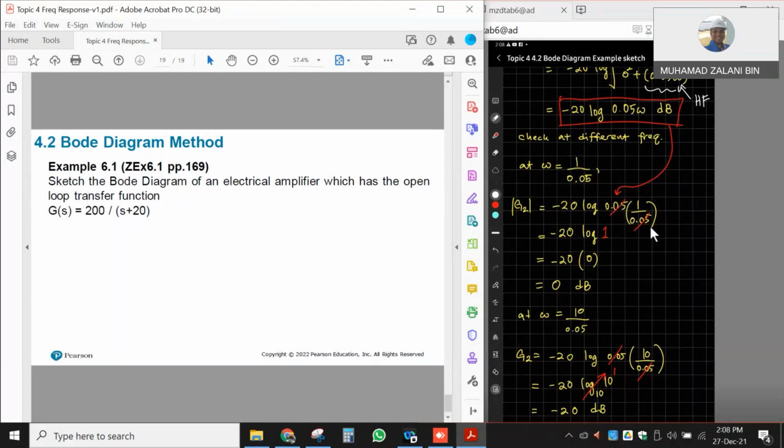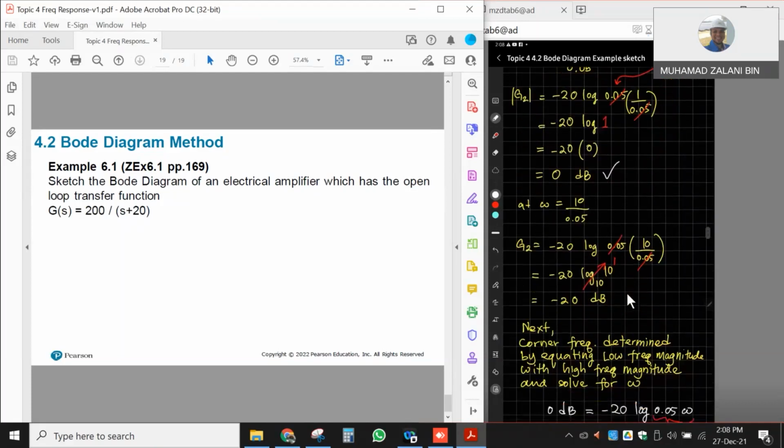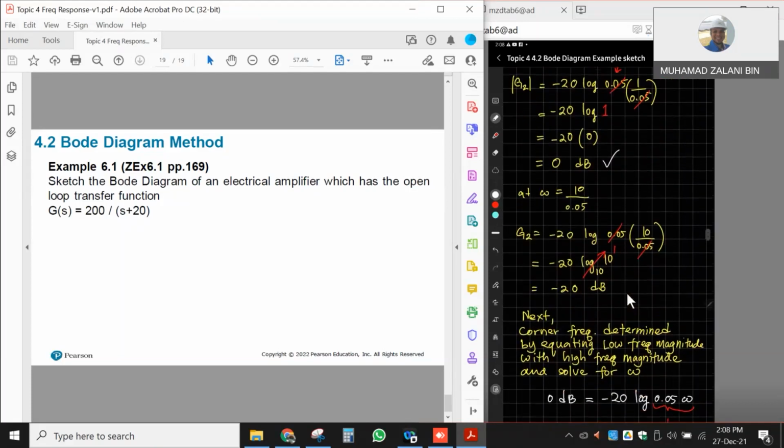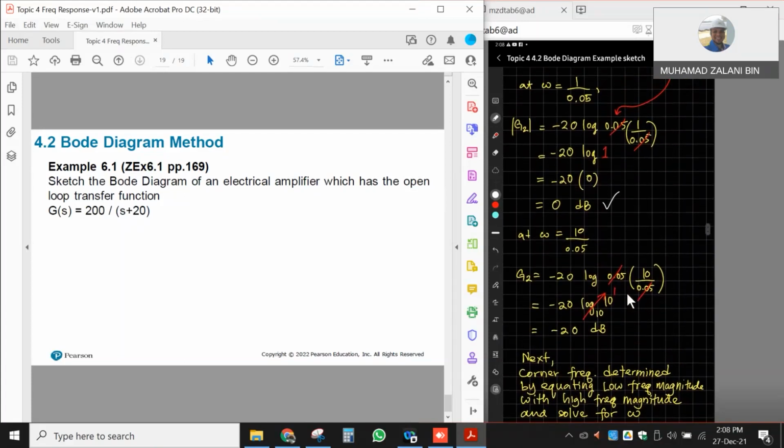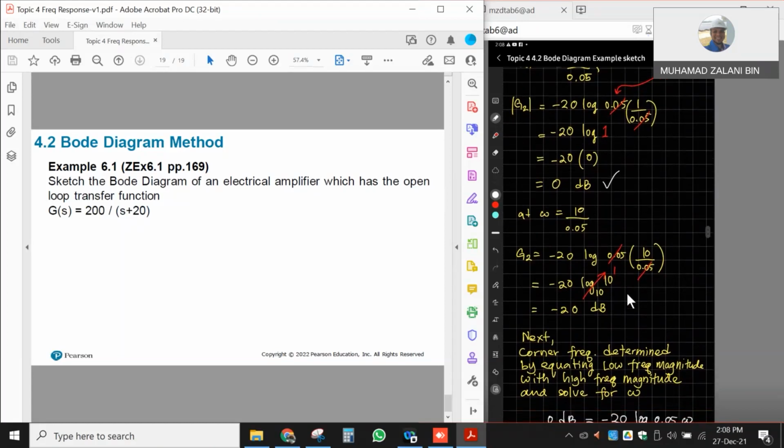Because we want to cancel. When we replace omega with 1 over 0.05, we can cancel 0.05 here to become log 1. Log 1 is 0, meaning that G2 becomes 0 decibel. That is the gain at omega equals to 1 over 0.05.